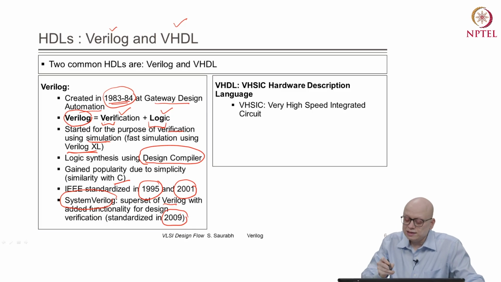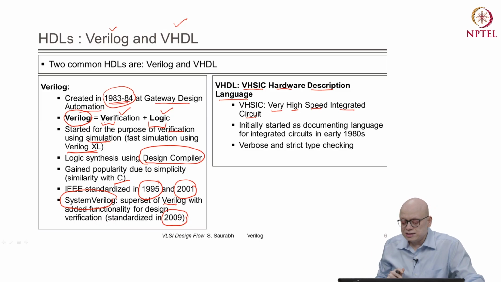So, VHDL is a short form for VHSIC hardware description language. VHSIC stands for very high speed integrated circuit. This language was initially started as a documenting language for integrated circuits in the 1980s, and it was very popular at that time.